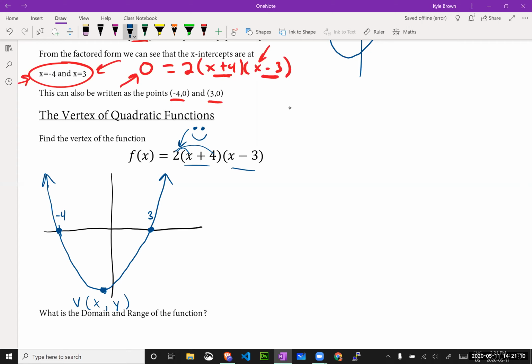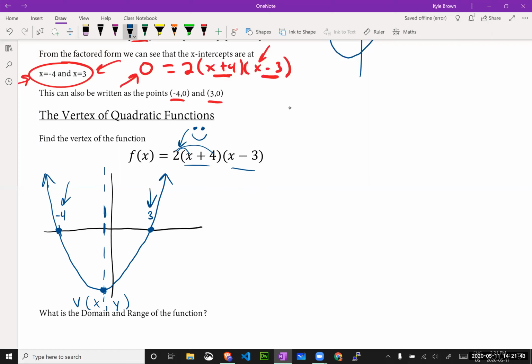So this X value, you can imagine if I had my axis of symmetry right down the middle there, you can see that dotted line I just drew, that's halfway between these 2 points. So if I want to figure out what the X value is right between those, then I need to find the average between those 2 numbers. So how can I find the average between 2 numbers? We say both numbers added together.